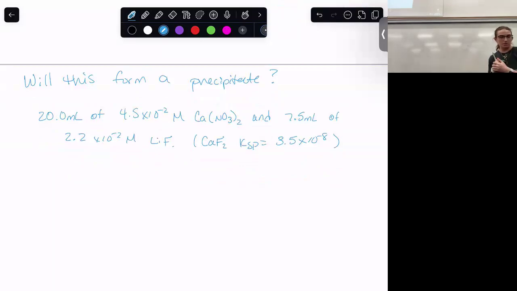And we're given 20 mils of calcium nitrate and 7.5 mils of lithium fluoride. And we're given that the KSP of calcium fluoride is that number. Okay, so how are we going to set this one up?